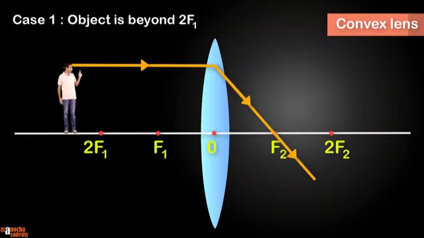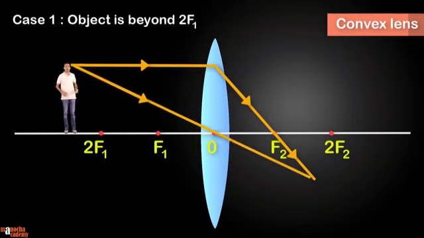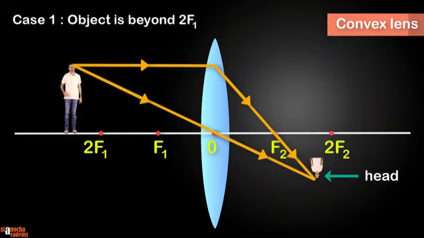The ray which passes through the optical center goes straight through, undeviated. So what does the intersection of these two light rays represent? That's right, the image. It's the image of my head, the top of the object, because we considered the light rays from the top of the object.